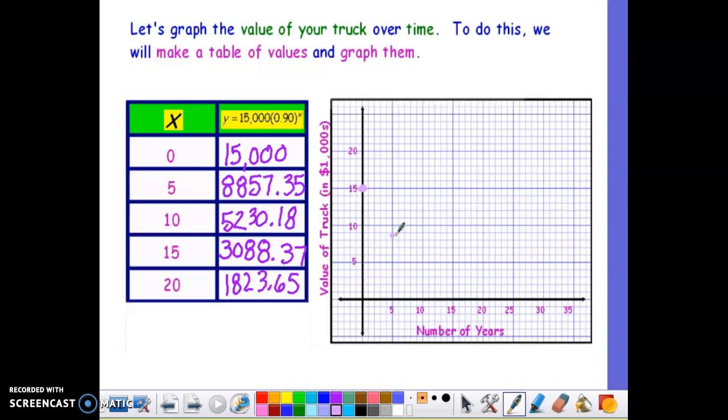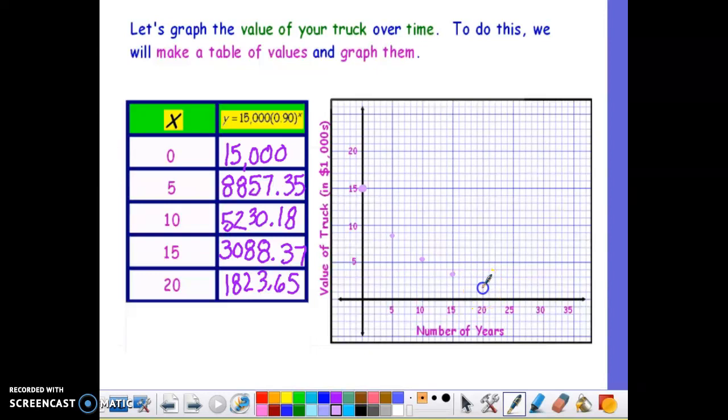At 10, I got 5,230. So I'm just going to go just past 5 here, right in here, perhaps. At 15, 3,088. So 1, 2, 3,088, somewhere right in there. And the last one is at 20, got close to 2,000.